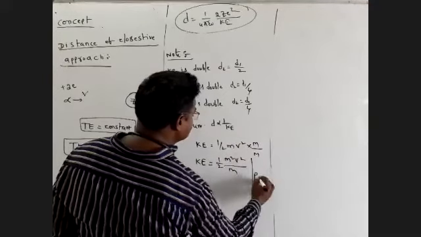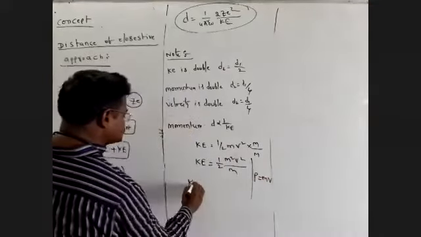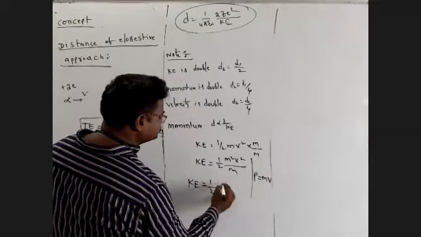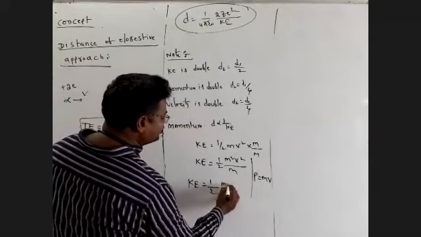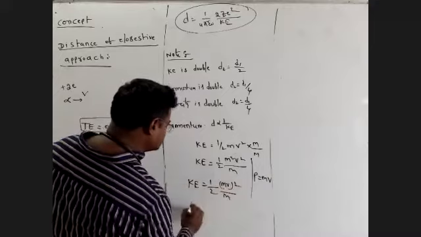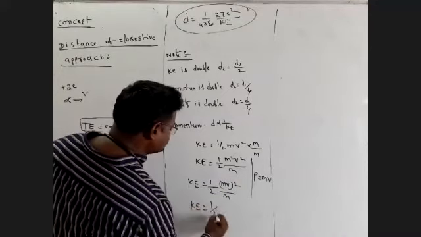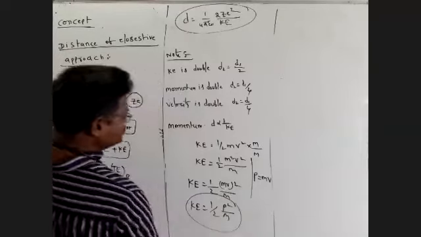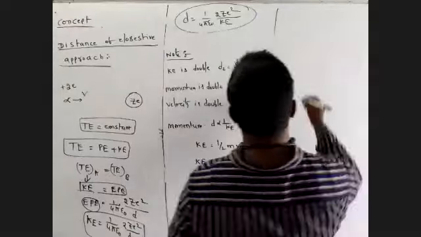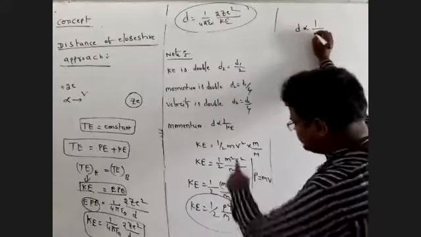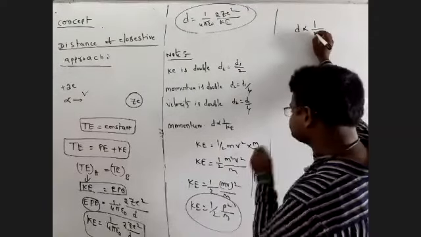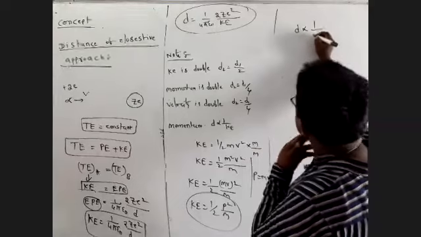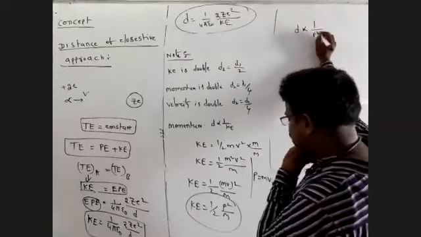We know momentum P is equal to mv, so kinetic energy is equal to half mv whole squared by m, that is K is equal to P squared by 2m.